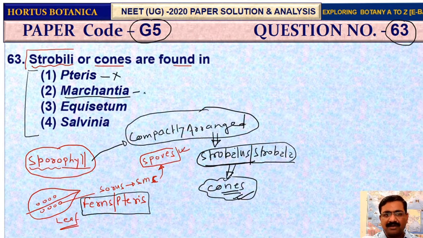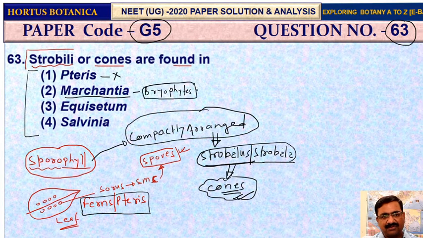You all know Marchantia is a bryophyte, right? And in bryophytes there is no cone and there is no formation of such strobili. These are also homosporous, right? But the spores are found in a spore mother cell, and those spore mother cells are found in the capsule, right? So here we are talking about cones and strobili. So this is not correct for this question.